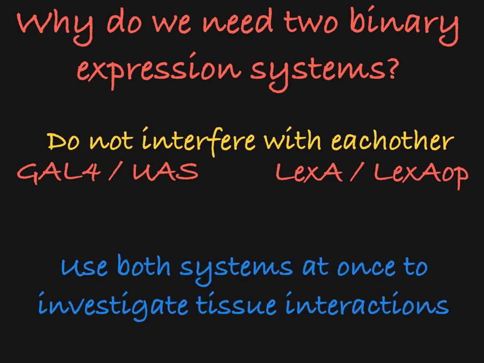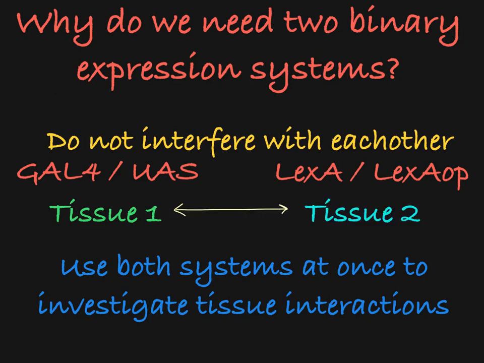Using both of these systems at once allows you to study the interaction between two sets of tissues, one being manipulated by the GAL4-UAS system and one being manipulated by the LexA-LexAop system. In this way, you can manipulate the expression of one protein in one type of tissue while simultaneously manipulating the expression of another protein in a different type of tissue.